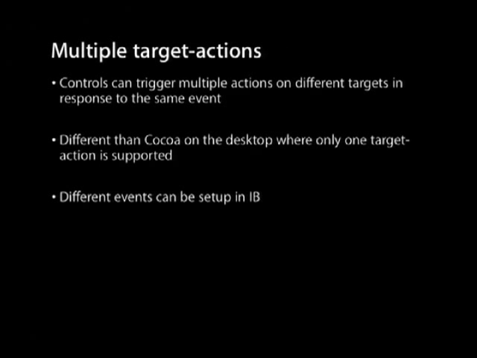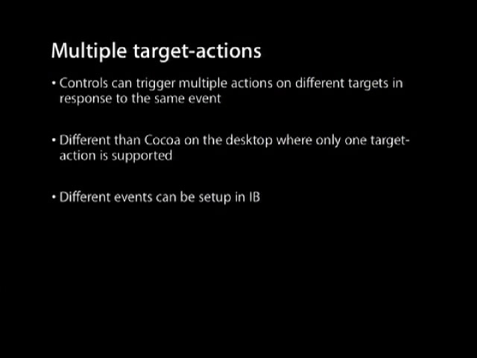Now, on the phone, it's a little different for those of you that have done Mac programming. On the phone, you can have multiple targets for a single action. So my increase button can call this controller with this action, it could call another controller with a different action, and it could even call different controllers for different actions.